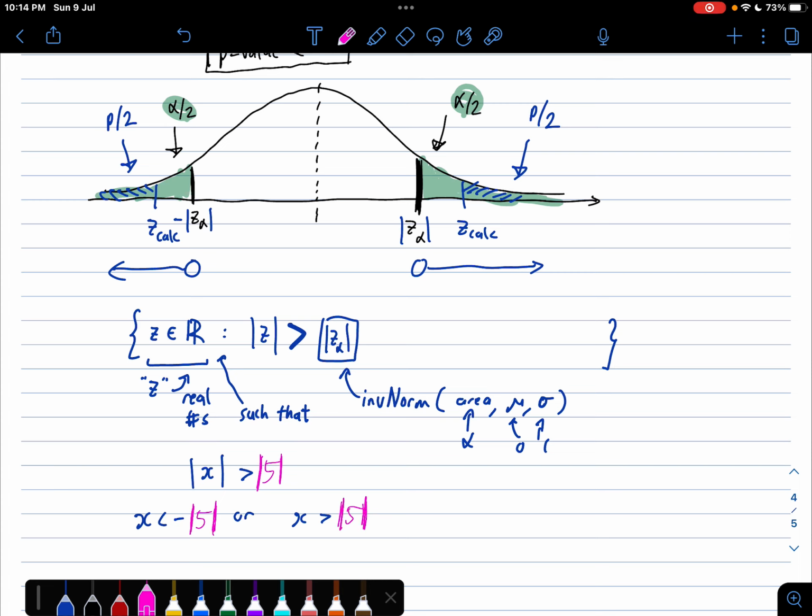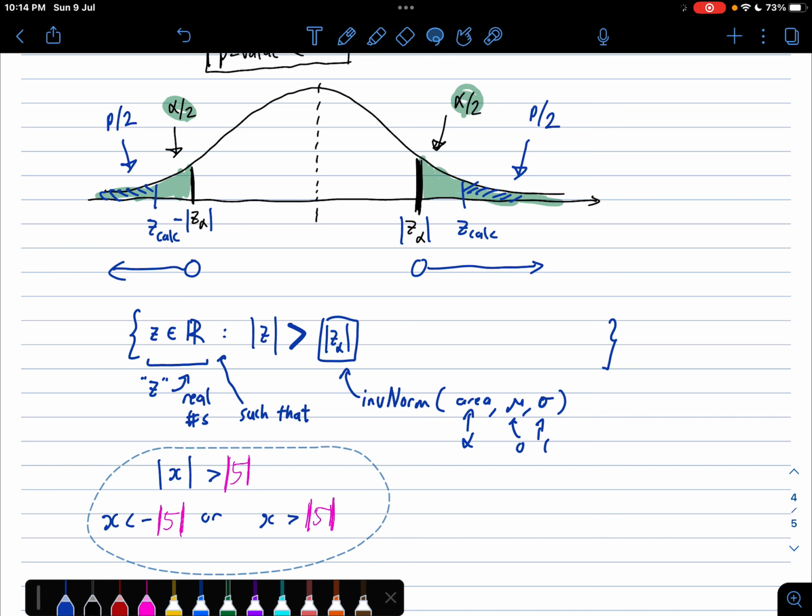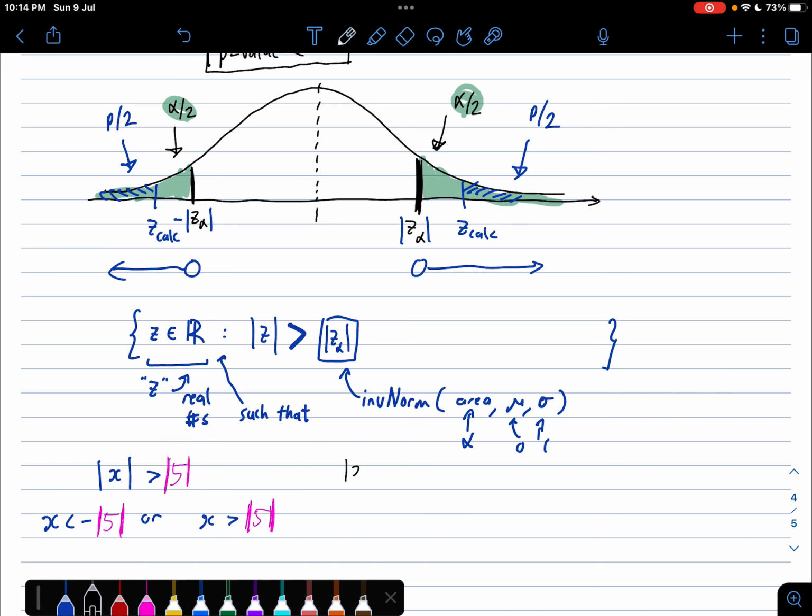Just copy the modulus. So negative modulus 5, more than the modulus 5. Now if I replace modulus 5 with z alpha, step by step, then that just means x is less than negative modulus z alpha, or x more than positive modulus z alpha.